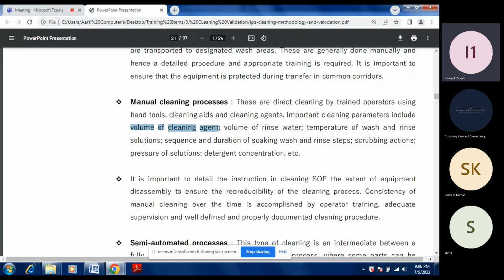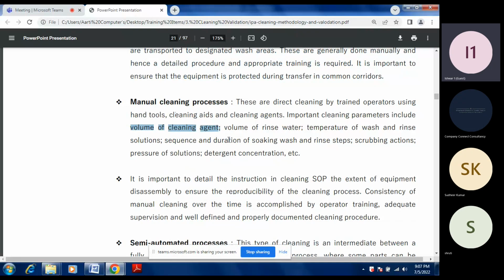So in manual cleaning it is very important what temperature of the wash solutions and detergents we are using, what pressures we are applying, the scrubbing actions, and whatever detergent solutions we are using by spraying. The concentration of that solution is also an important part of manual cleaning.